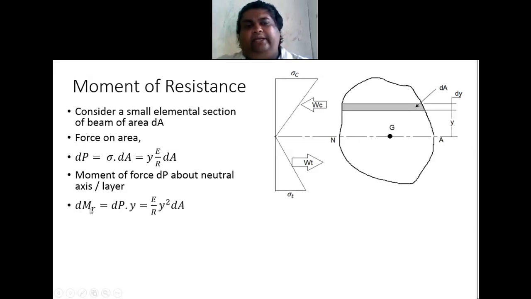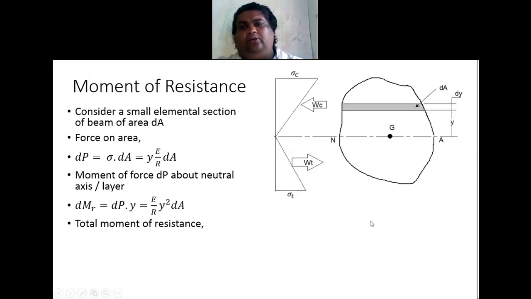So that will be dMr. Mr stands for moment of resistance, and that is equal to dP, which is the force, into the perpendicular distance, that is y. So we just substitute the values. There is y here already, so it becomes E by R into y square dA.